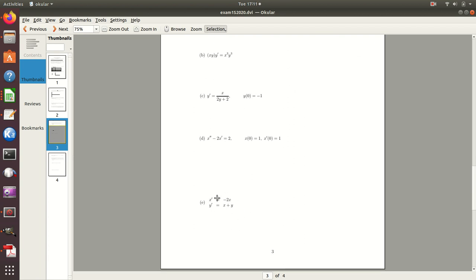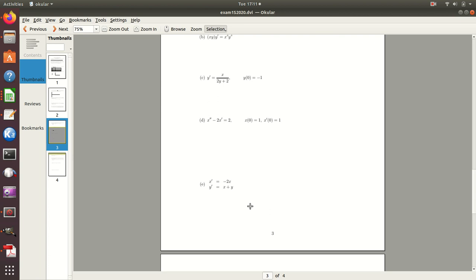Now down here, again, this is where I say you could argue that there's only 2 types here. This looks like a third type because it's a system, but actually it is simply one of the other 2 types in succession, or maybe both of the other 2 types in succession.